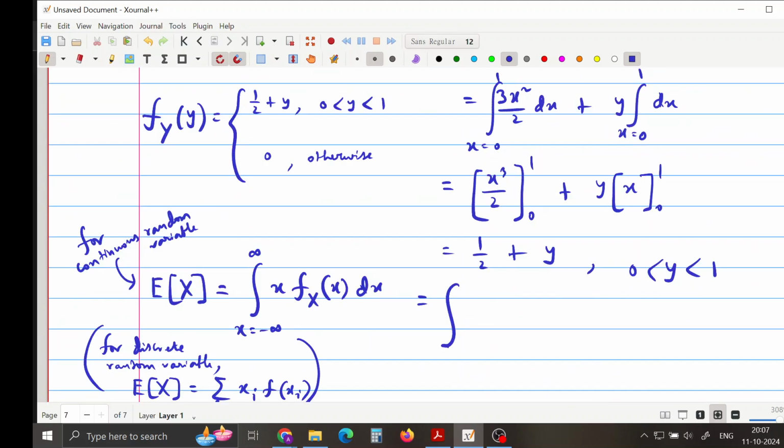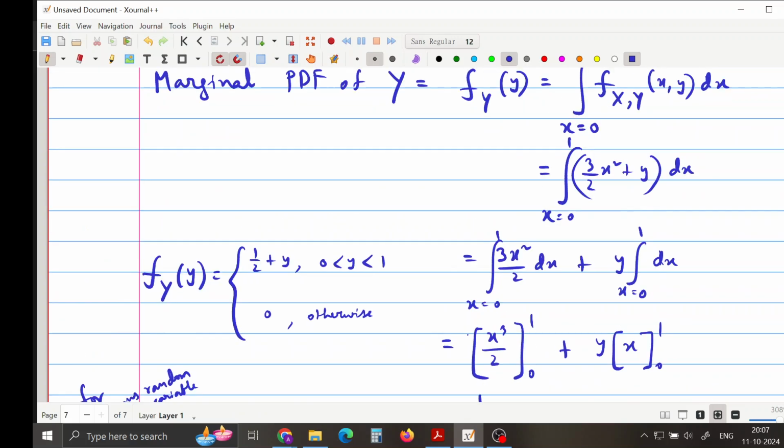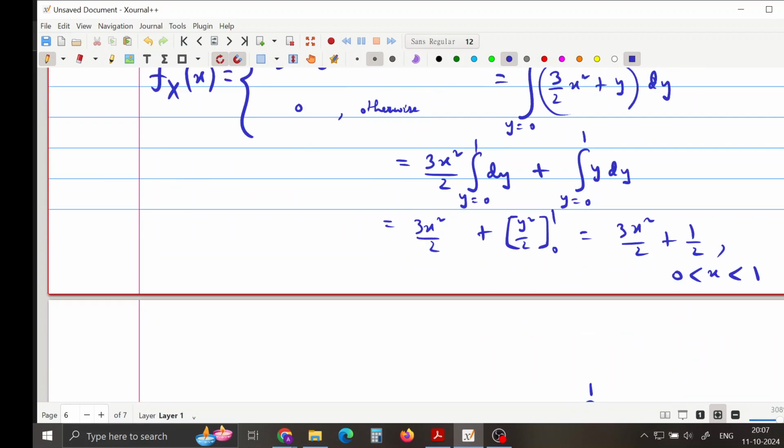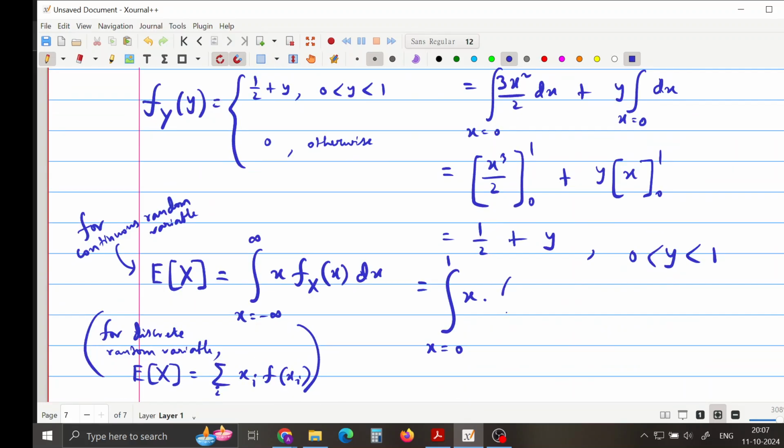So the limit of integration is only effectively from 0 to 1, of x times f of x, which is 3x squared by 2 plus half, dx.